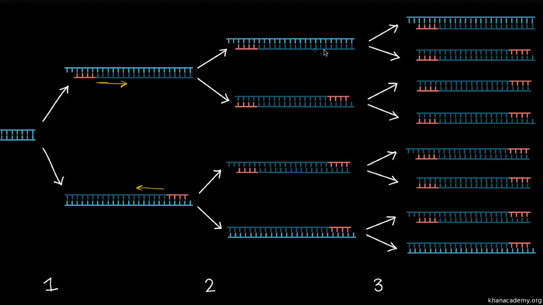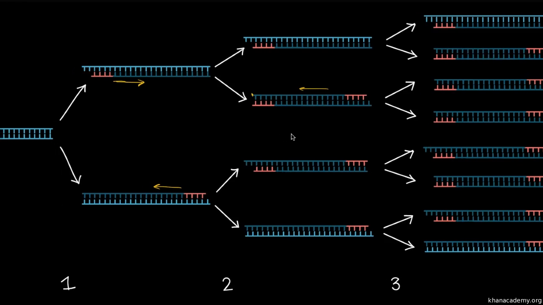But then when you start going in the other direction, it's not going to have anything else to copy. Exactly. And so most of the billions of molecules that you produce are going to be both ends, a nice clean cut. The vast majority, exactly. Fascinating.